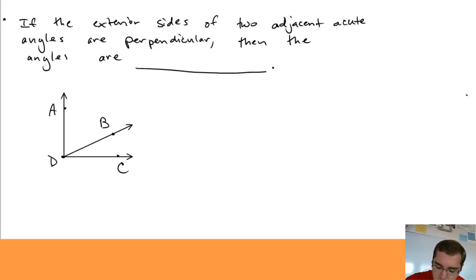If the exterior sides of two acute adjacent angles, so that's an angle that's less than 90 degrees, adjacent to this angle, which is also acute, if their exterior sides, meaning the side they don't have in common, this side and this side, if those exterior sides are perpendicular, then those two angles must add up to 90 degrees, so they must be complementary.